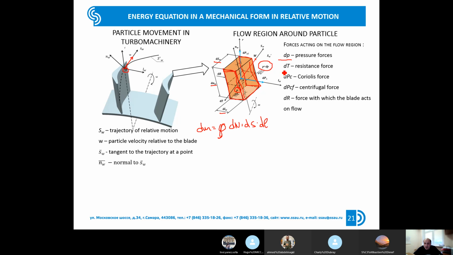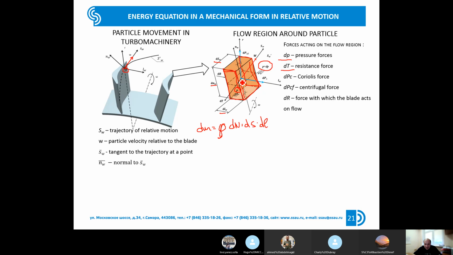The second force is the resistance force. You know that when the particle moves along the path line, the resistance force acts. It's the force of hydraulic resistance, and usually this force is directed opposite to the direction of the velocity.